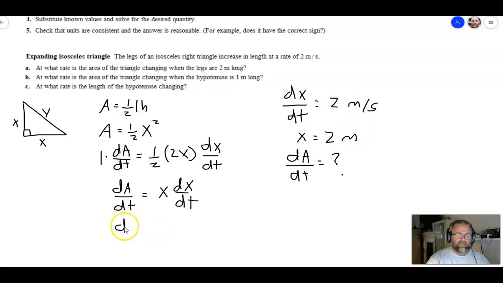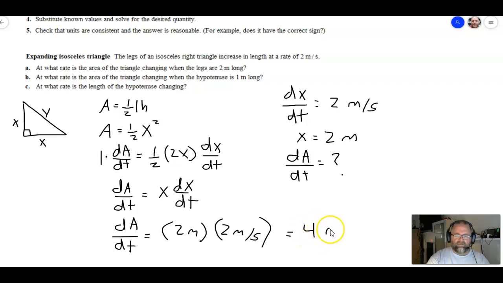So dA over dt is just going to be equal to x, which is 2 meters, times dx over dt, which is 2 meters per second. Multiply those together, and we are going to get 4 meters squared per second. And that's our answer for A.